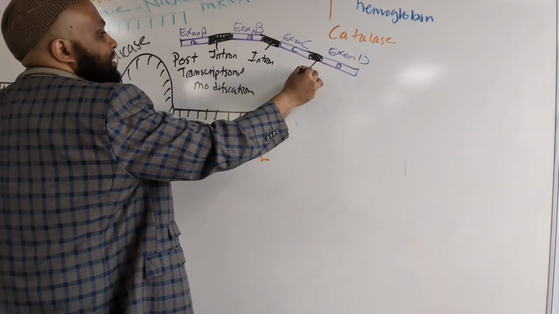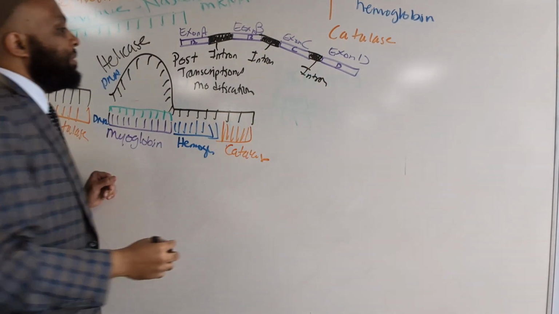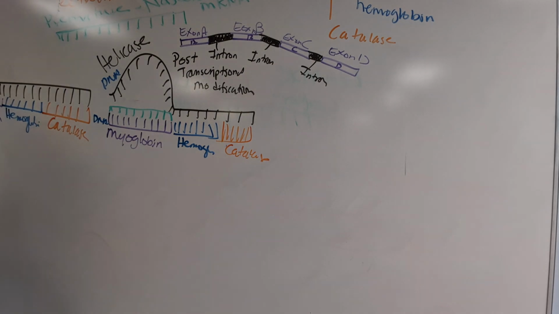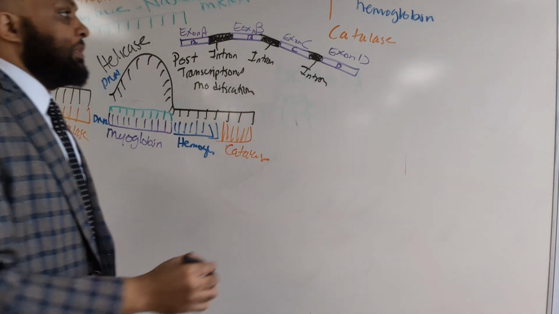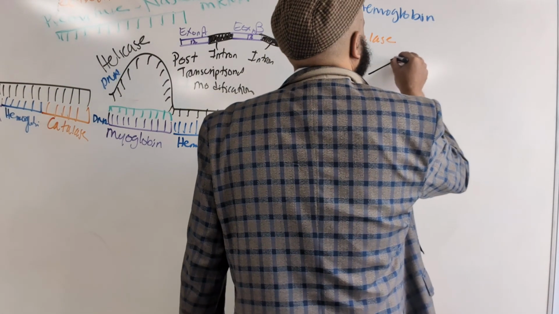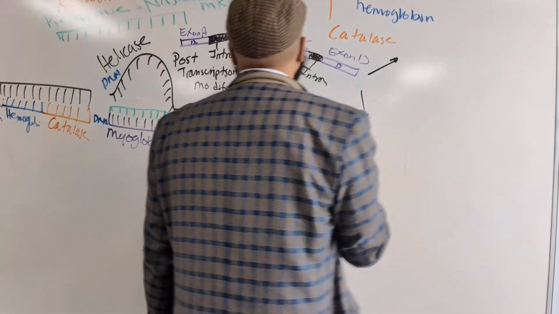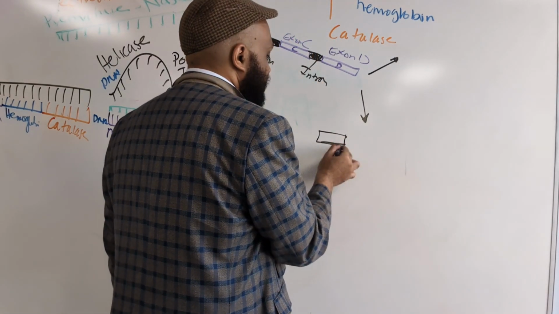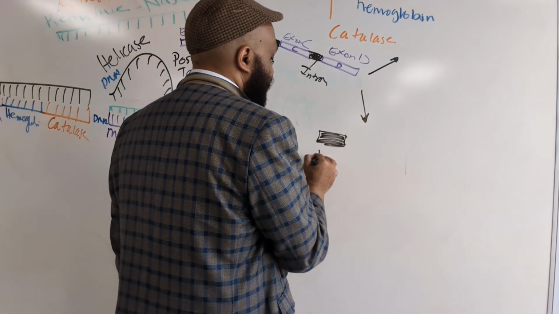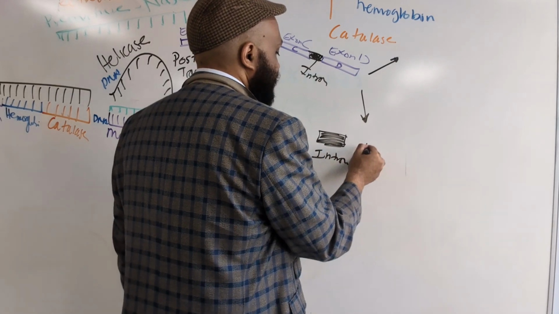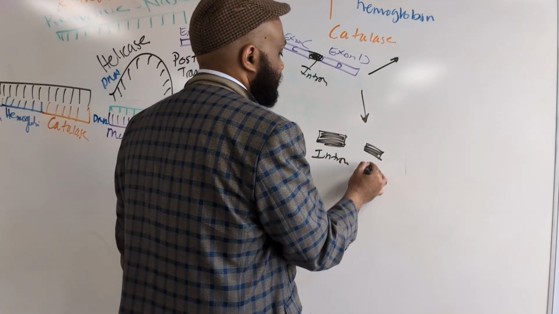Introns are bad. So what I'm going to do, I'm going to cut them out. I'm going to separate them, where I get all my introns on their own. That's the first intron. That's the second intron.